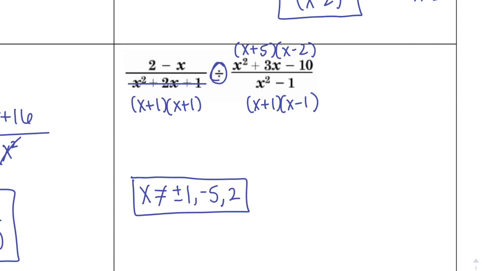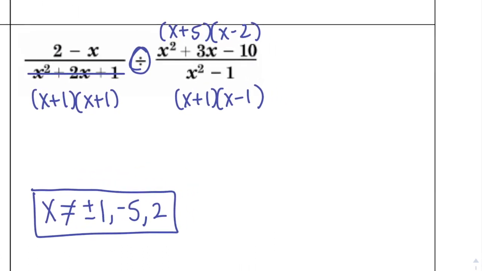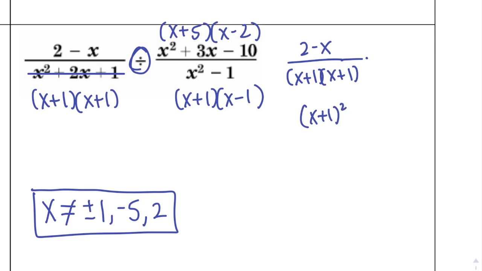So doing that, I have 2 minus x over x plus 1 times x plus 1, or x plus 1 squared, times, not x plus 1 times x plus 1 squared, but this, or like that. My bad. And then the second one, I'm going to have x plus 1 times x minus 1 in the numerator.